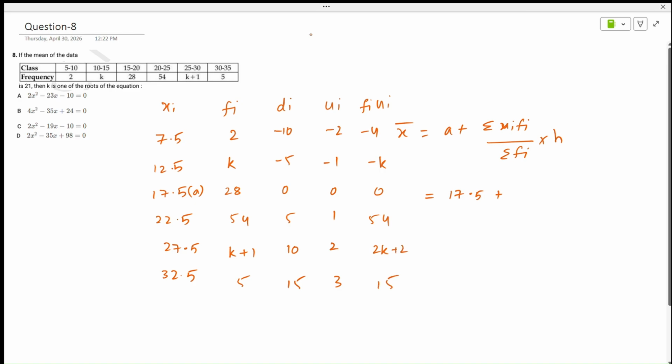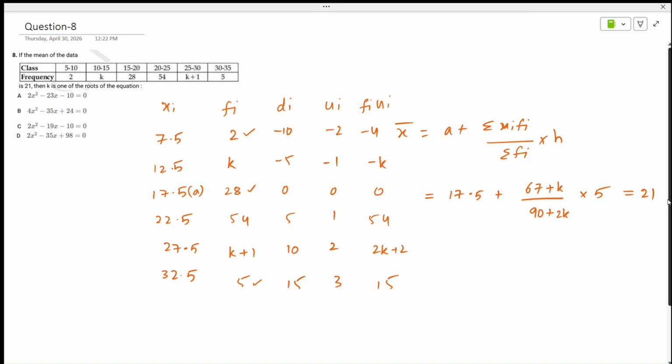So summation of fi ui will become 50 plus 15, 65, 65 plus 2, 67 plus k, by the sum of frequencies: 28, 30, 35, 40, 90. 90 plus 2k is the sum of frequencies, into h, the class size, which is 5. So that's it. This should be equal to 21.